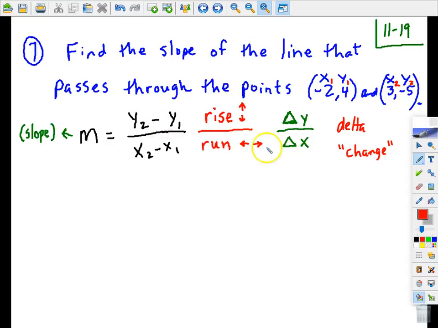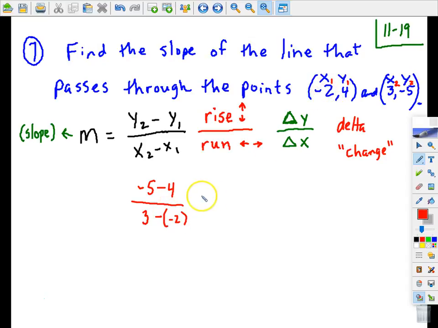All right, so now that we've established the formula, let's use it. So I'm going to take this second y, which is -5. I'm going to subtract the first y, which is 4. And below that, I'm going to take the second x, which is 3, and I'm going to subtract the one before it, which is -2.